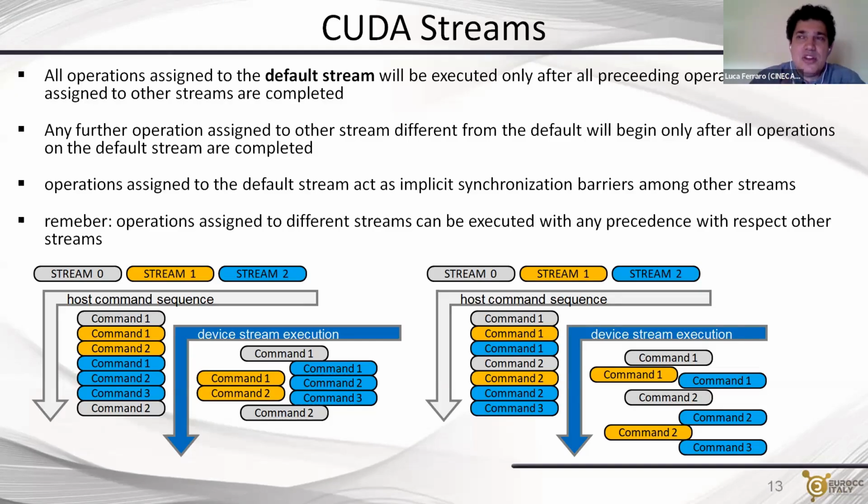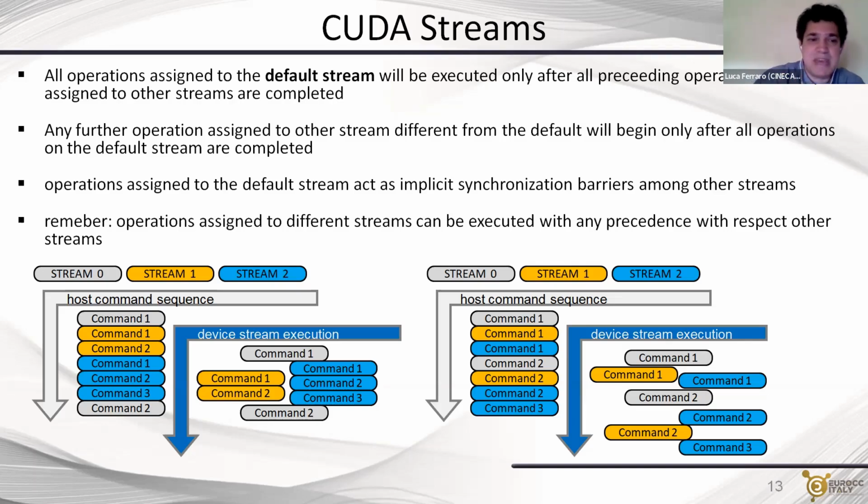The operation on stream 0 will behave as a barrier, an aligning point with respect to all other streams. So they will act as implicit synchronization barriers among other streams. Remember that all operations assigned to different streams other than stream 0 can be executed with any precedence with respect to each other.